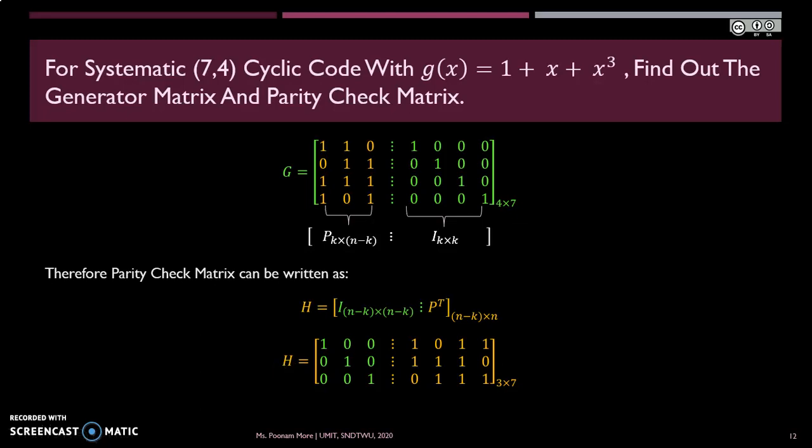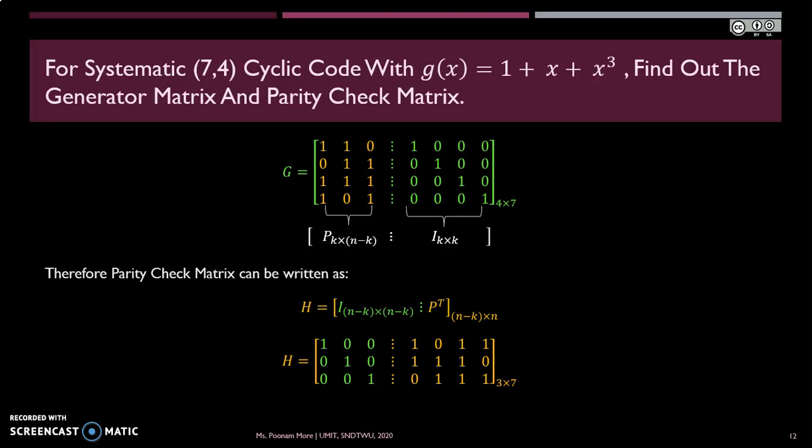If the syndrome is 0, then we assume there is no error in the received code vector, and if the resultant product of the received code vector and H transpose is a non-zero value, then we consider there is an error in the received code vector, and we go for correction of the received code vector by adding a suitable error pattern to it.